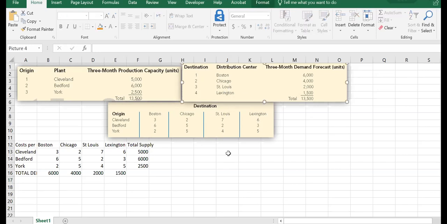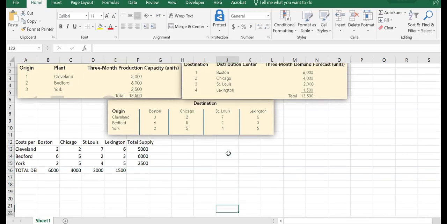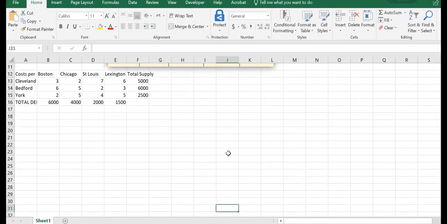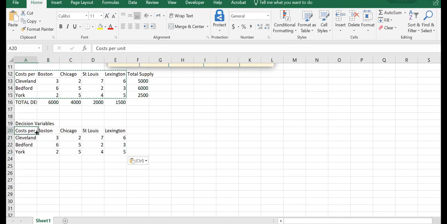So I'm just going to move a little down. Decision variables: we said we need one decision variable for each pair of origin and destination. So 12 decision variables. I'm going to copy these and paste them here.